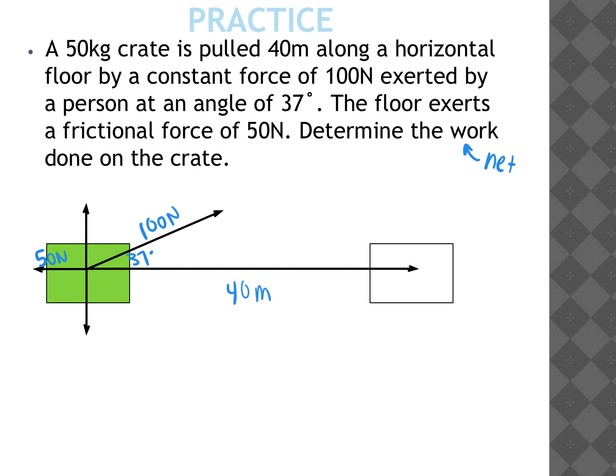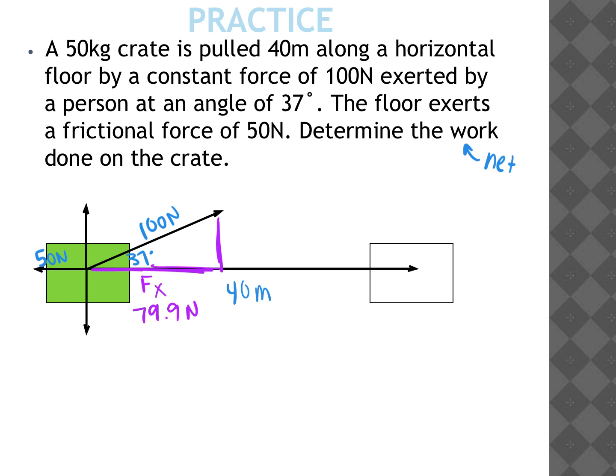Horizontal, because it's sliding horizontally. So that means I need the horizontal components of this force right here. I don't need the vertical, but I need the X component there. Okay, so I'm going to go 100 cosine 37, and I get 79.9 newtons.